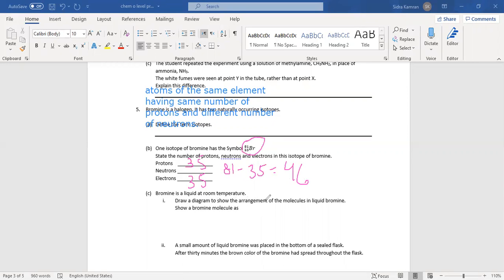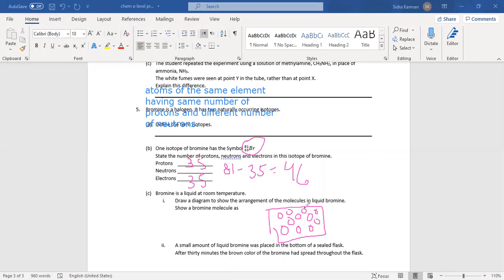Part C is, bromine is a liquid at room temperature. Draw a diagram to show the arrangement of molecules in liquid bromine. Show a bromine molecule. While arranging the liquid molecules, you have to just draw the random placement of molecules like this. Liquid molecules are randomly arranged. They have weak intermolecular forces, but stronger than the gases.